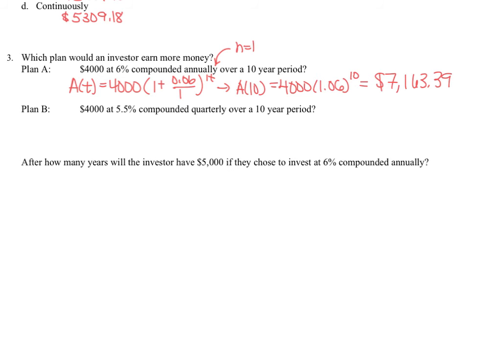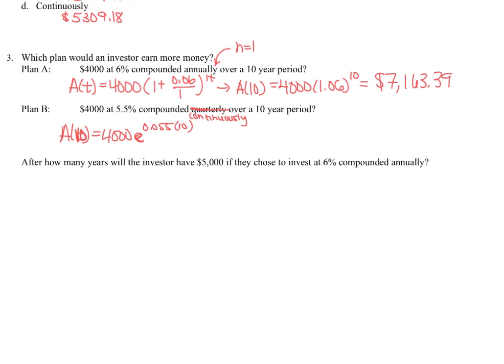The next one is compounded, oh, I wanted to do continuously, I'm sorry. So let's do this one continuously. A of t equals 4,000 times e to the rate times 10.